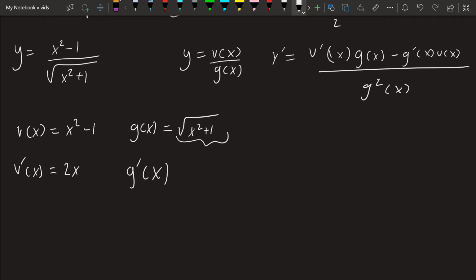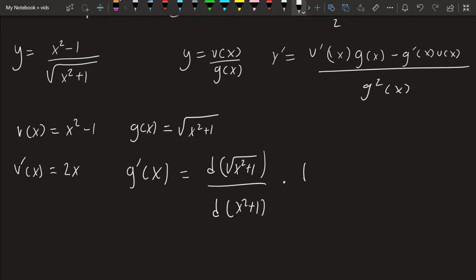Now, this looks like a composite function. It's the square root of a bigger function, which is x squared plus 1. How do we do that? This is just equal to the derivative of the square root with respect to x squared plus 1, multiplied by the derivative of x squared plus 1 with respect to x. This and this cancel out.